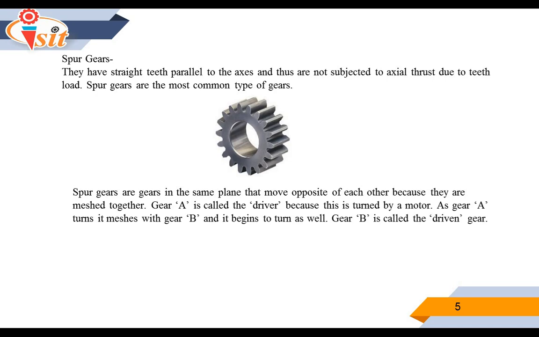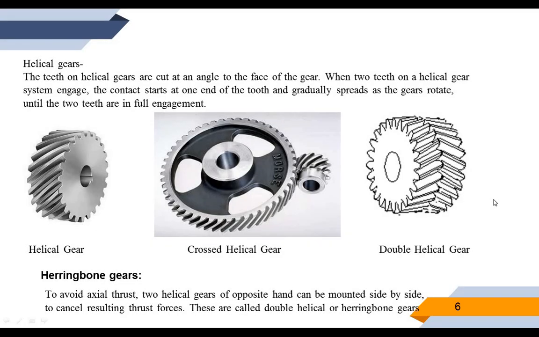Next gear is the helical gear. You can see the diagram of a helical gear here. In helical gears, the teeth are curved, each being helical in shape. Two meshing gears have the same helix angle but have teeth of opposite hands.